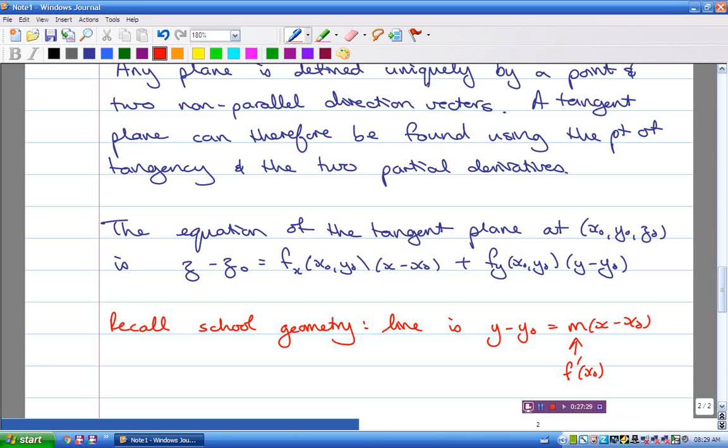Okay, so this also has links with Taylor's theorem, because a Taylor expansion of a function is about approximating a function with a polynomial expression. And if you chop away all of the terms except for the linear and constant terms, you're approximating your function with something linear, and that's what a tangent plane is, and that's what a tangent line is.